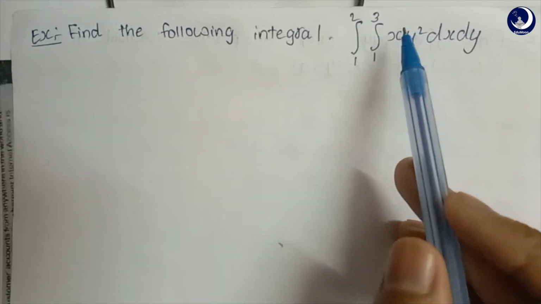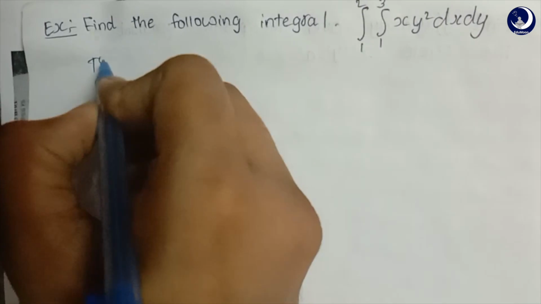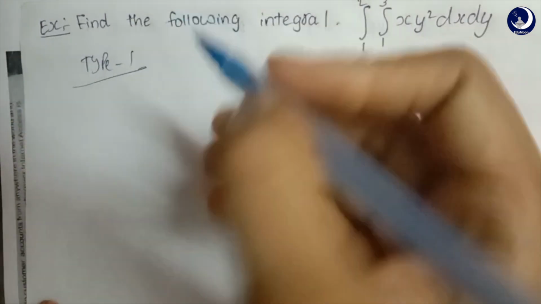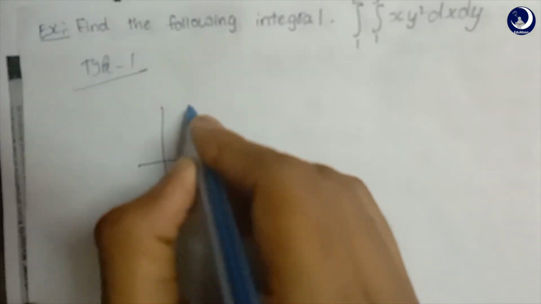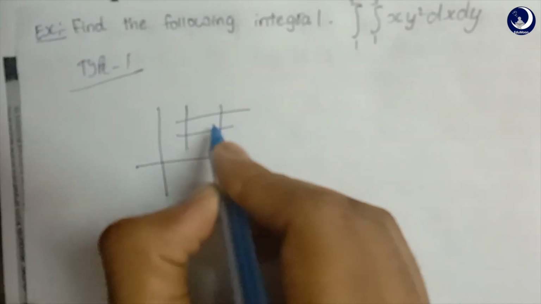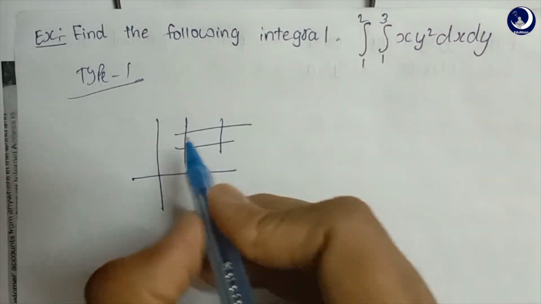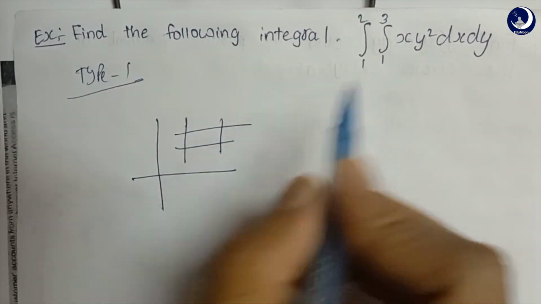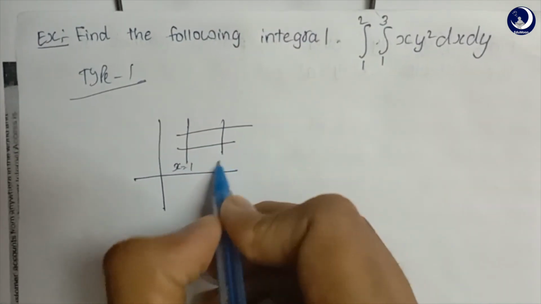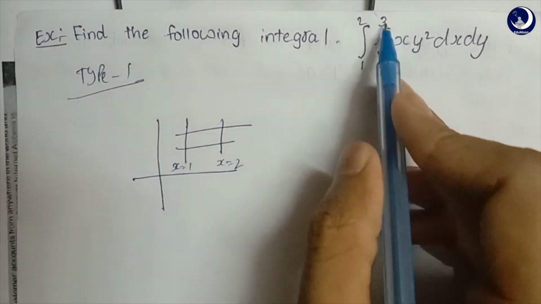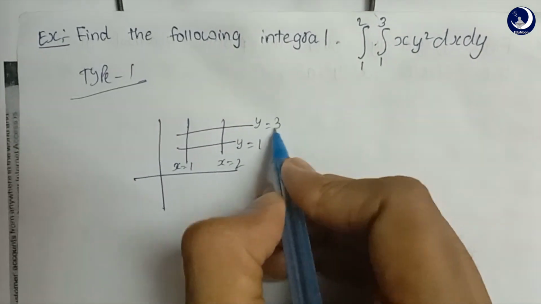So it must be a type 1 problem, which we already explained. Let us take 1 to 2 as the x limits, x equal to 1, x equal to 2. And take the y limits, y equal to 1, y equal to 3.